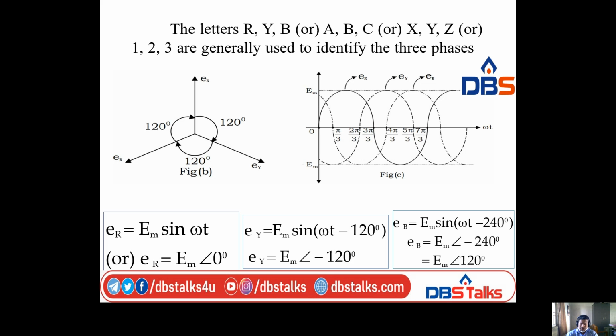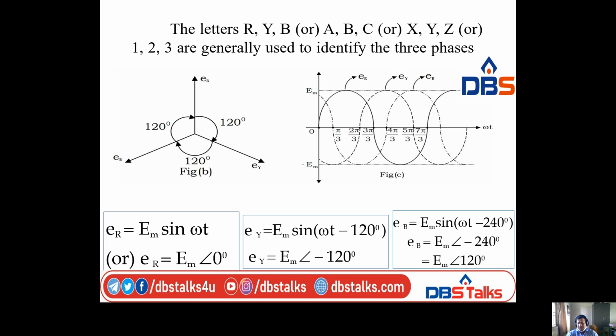Suppose we look at the waveform. The three-phase waveform is shown in figure C, and the vector or phasor representation is shown in figure B. Coming to the waveform, I am taking ER as the reference.